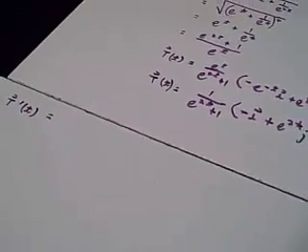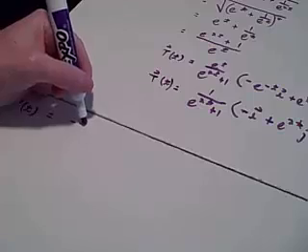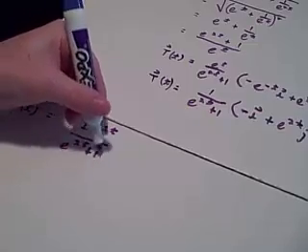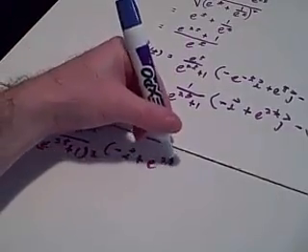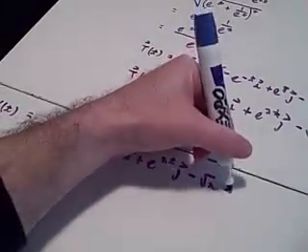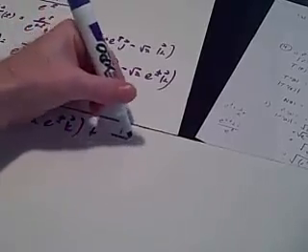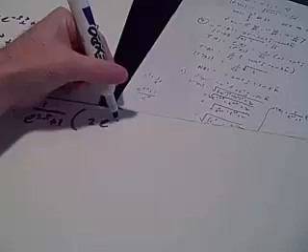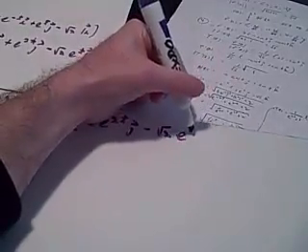I'll take the derivative of the first function, which turns out to be negative 2e to the 2t divided by e to the 2t plus 1 quantity squared, times the vector function, which is negative i plus e to the 2t j minus root 2 e to the t k, plus the original scalar function, 1 divided by e to the 2t plus 1, times 2e to the 2t j minus root 2 e to the t k.